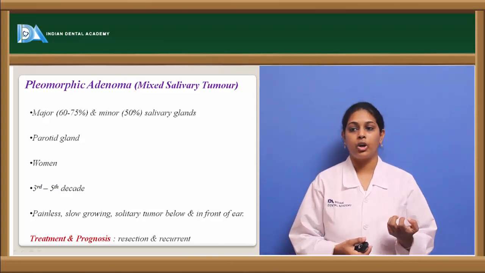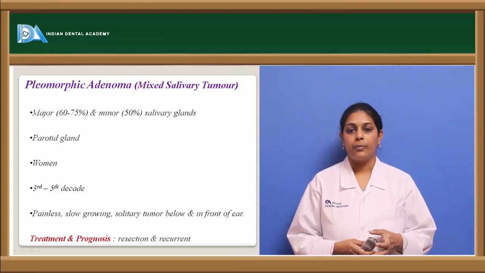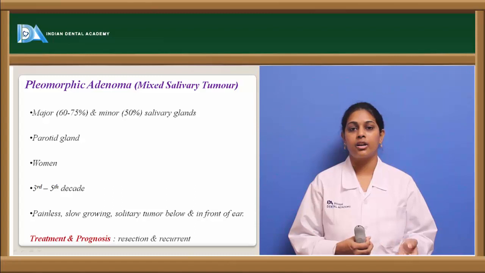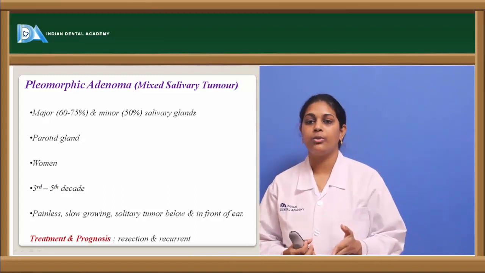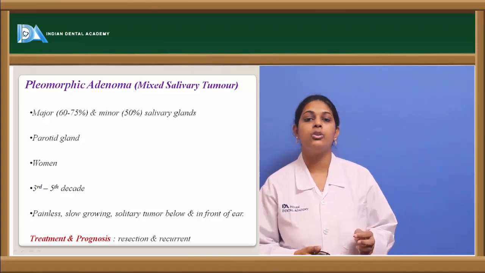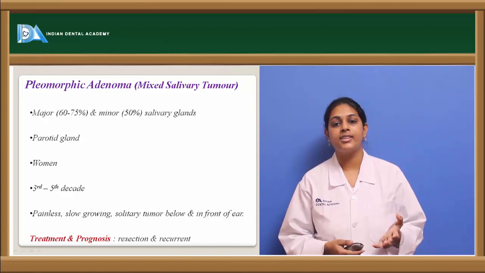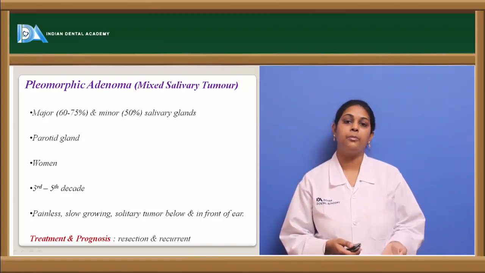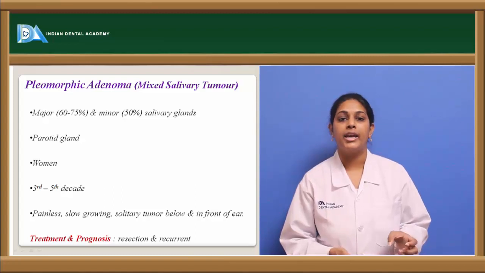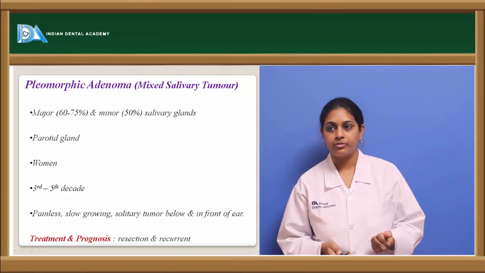Coming to the prognosis, pleomorphic adenoma is most commonly recurrent in nature, with an increased recurrence rate compared to other benign salivary gland tumors. The treatment is complete resection of the tumor. In advanced cases, a partial or complete parotidectomy is preferred, based on the involvement of the tumor in that particular location.